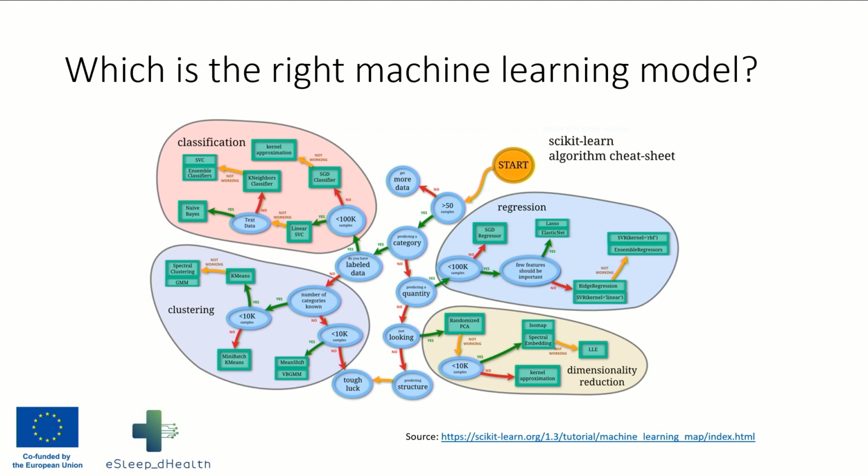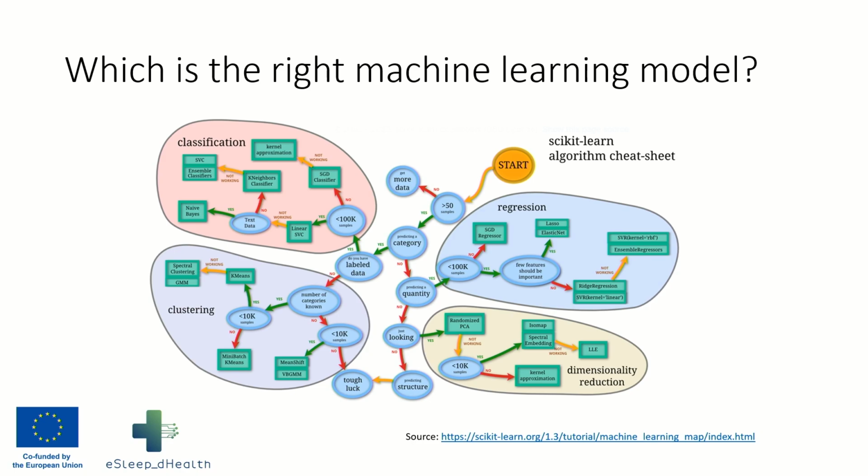And even for an advanced machine learning programmer, it's not always natural to know which model is the best fit for your data set. So here we see some kind of decision map, which can help us to find out which is the right model for our data set.